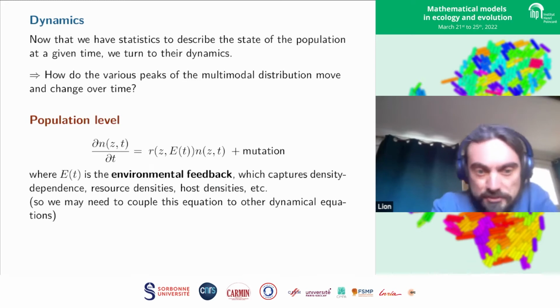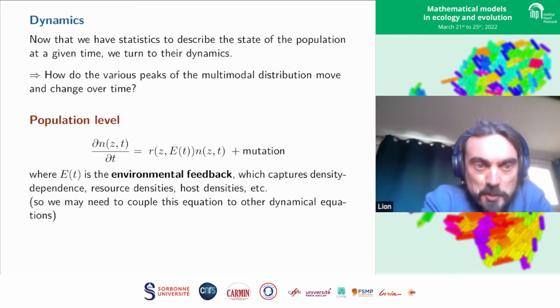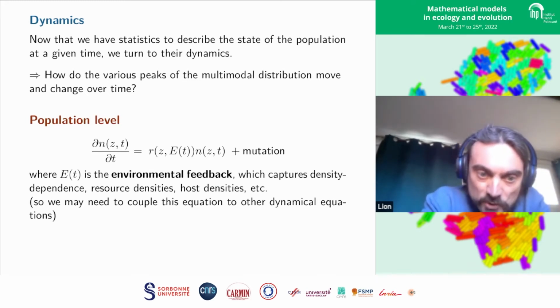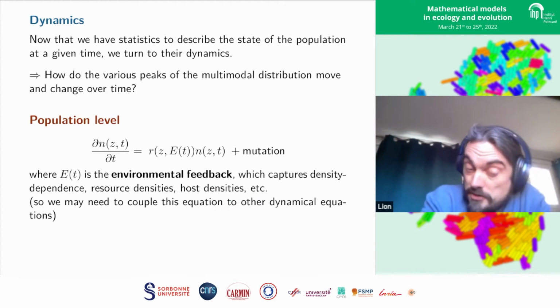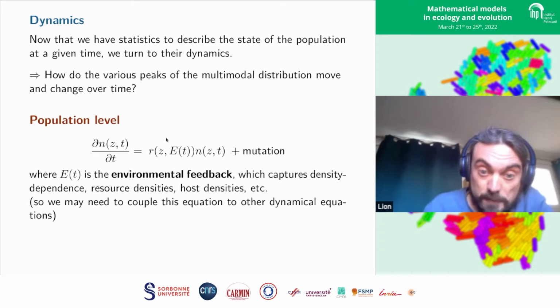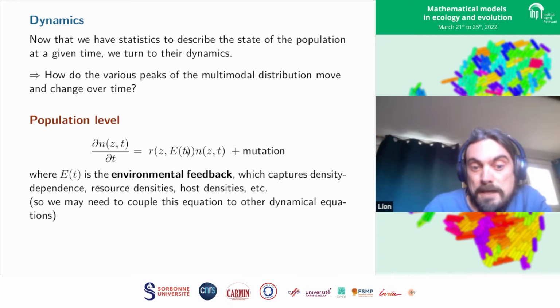So if we start at the population level, we can describe change in the density N(z,t) by the PDE, where we have a selection term that depends on the per capita growth rate of individuals with trait z, and this per capita growth rate will depend on the trait and on the environmental feedback.